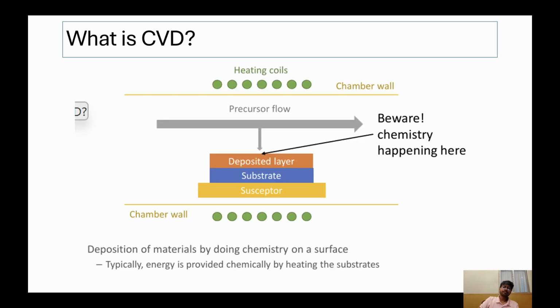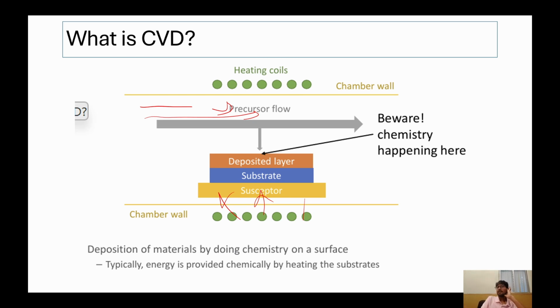So what is CVD? What you require in CVD is a flow of the precursor gas, in a precursor gaseous environment, and a heated substrate. You can heat the substrate itself, or you can heat the whole chamber.